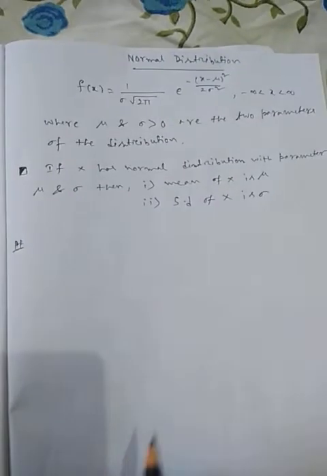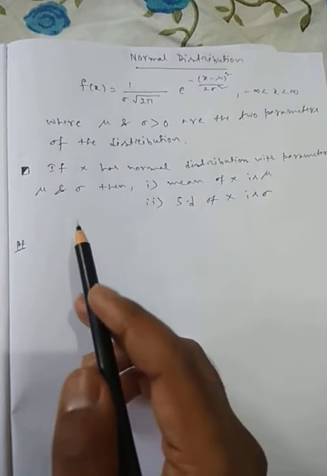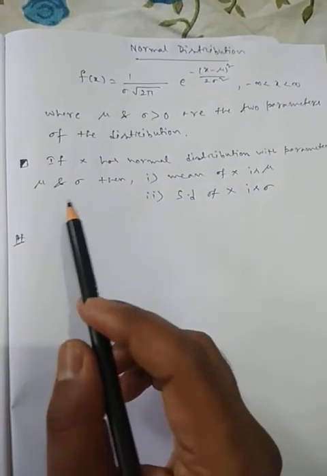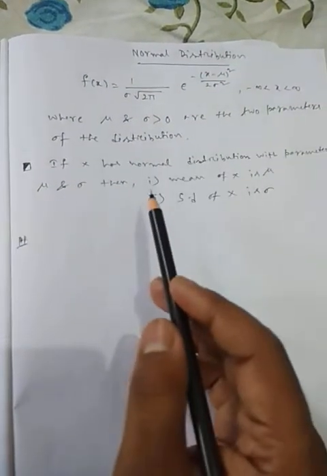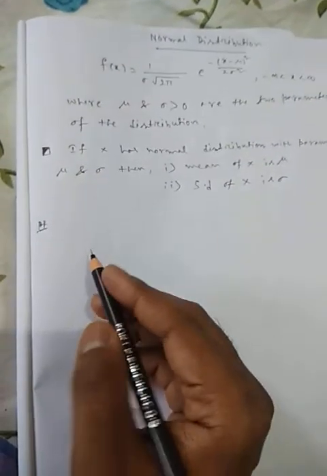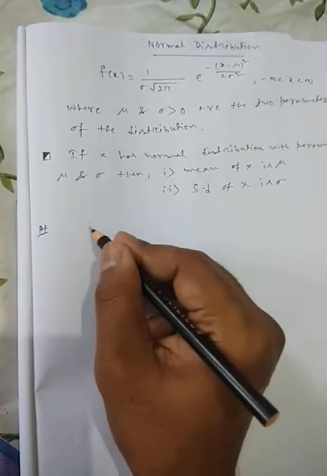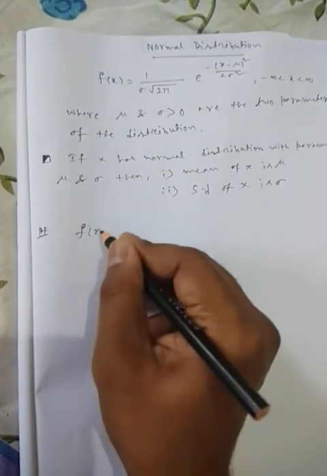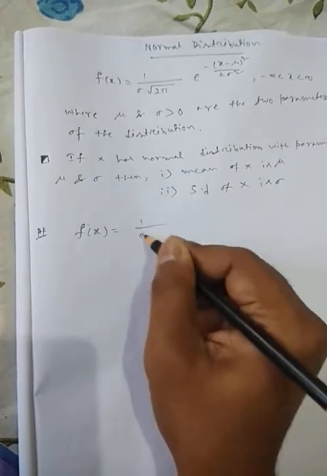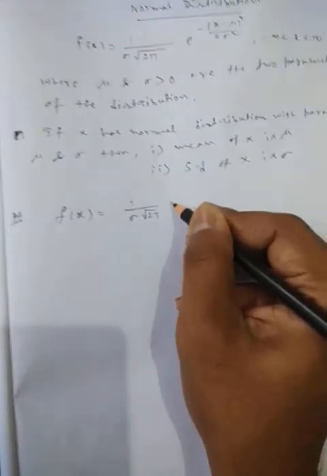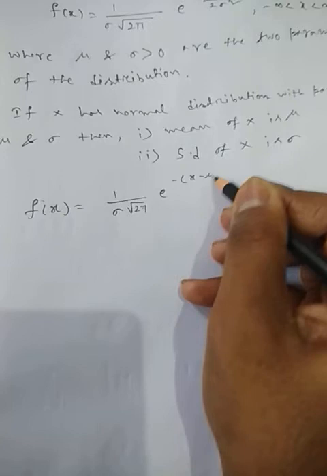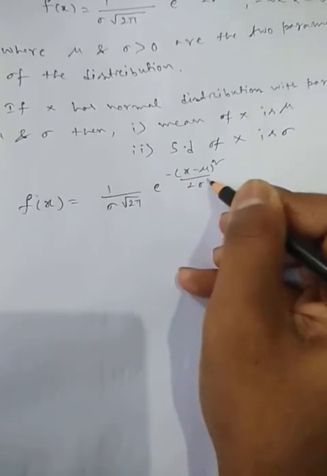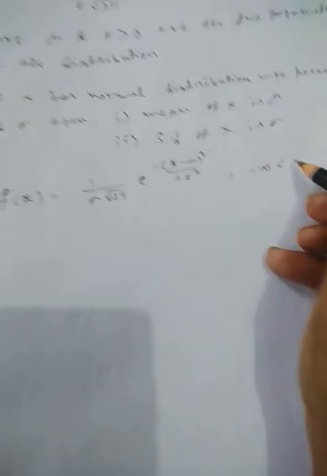Today I will derive the mean of normal distribution. I will prove that the mean of the normal distribution is mu. So let's start. We know that the distribution function is 1 by sigma root 2 pi e to the power minus (x minus mu) whole square by 2 sigma square, where minus infinity less than x less than infinity.